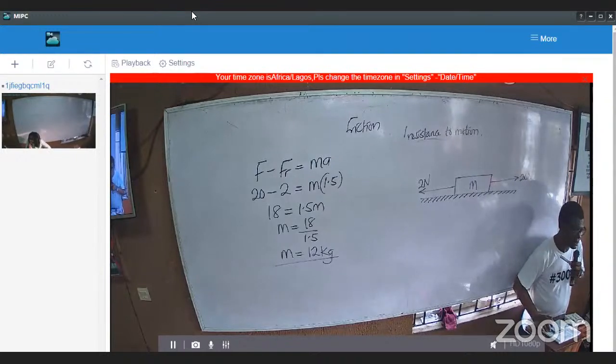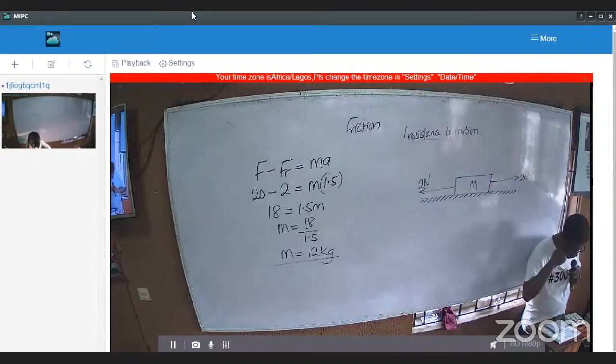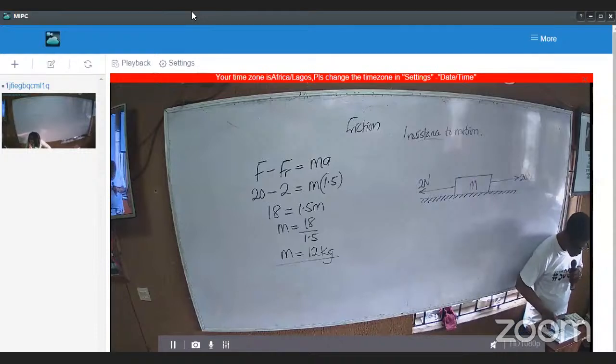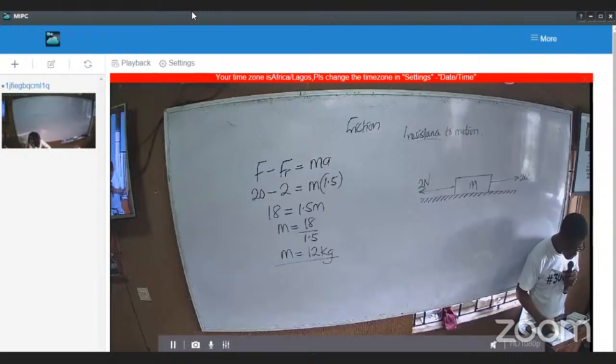Right, let's go. Next question. Which of the following liquids is the most ideal for reducing friction? Option A, kerosene.